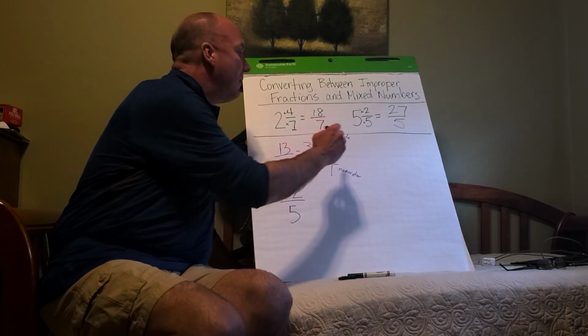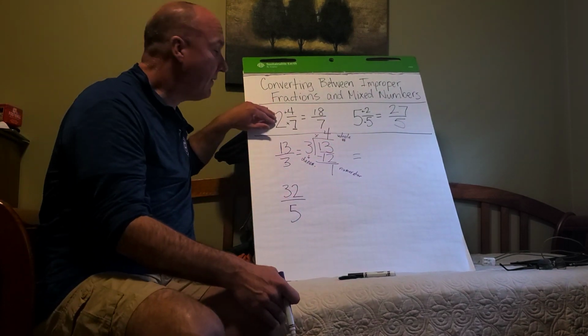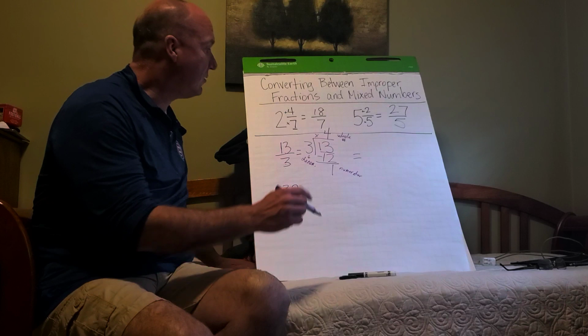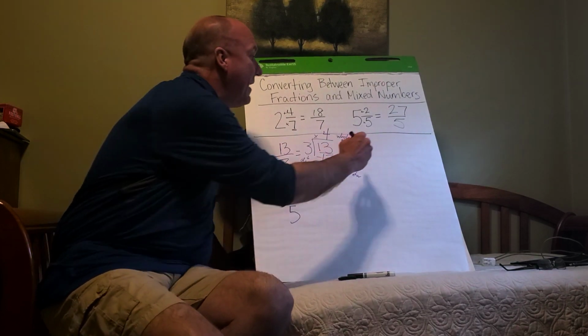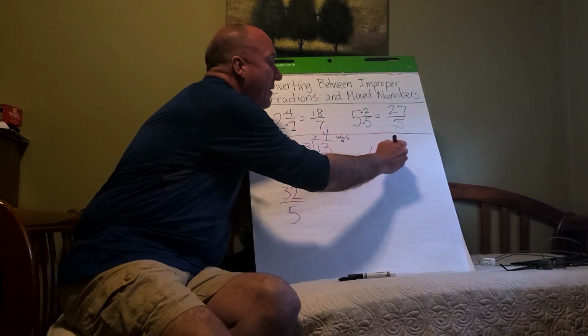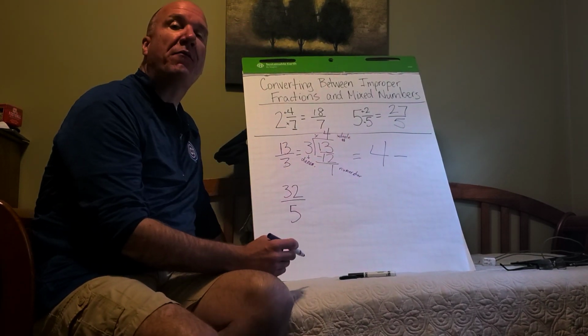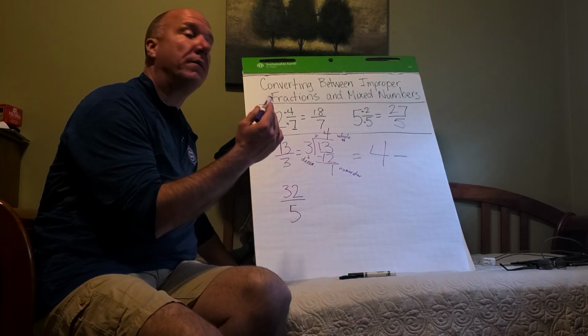Okay? So now I need to write this as a mixed number. Remember, a mixed number is a whole number with a fraction next to it. My whole number, as I can see, comes from the quotient or the answer, and that is 4. All right? Now I need my fraction to go with it. The numerator will come from the remainder.